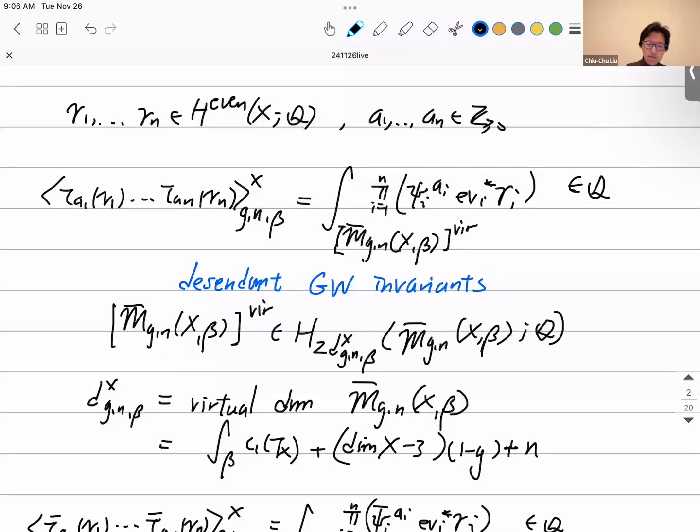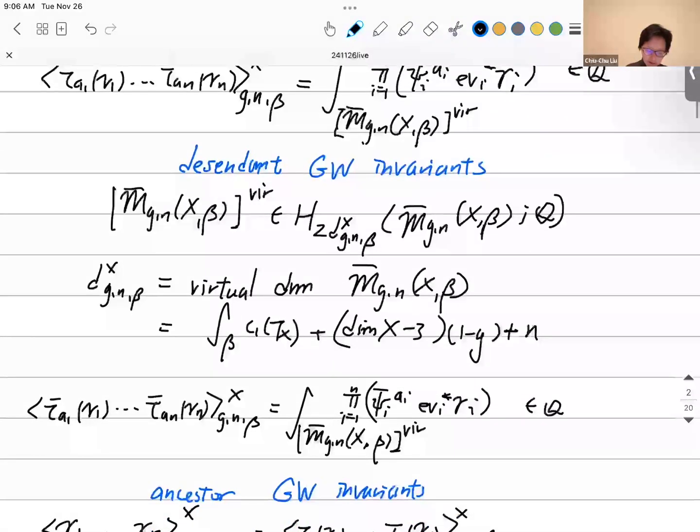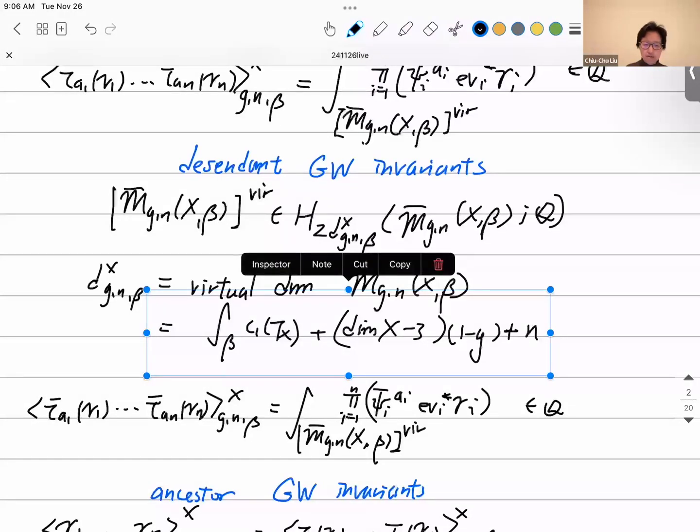They are descendant Gromov-Witten invariants, defined by integrating against the virtual fundamental class. Here the virtual fundamental class is a homology class of degree 2 times the virtual dimension of the moduli space. Similarly, by replacing psi by psi_i bar, we get the definition of ancestor Gromov-Witten invariants.